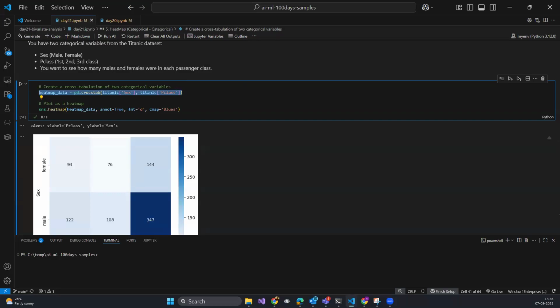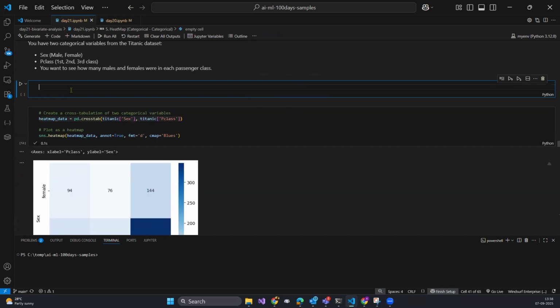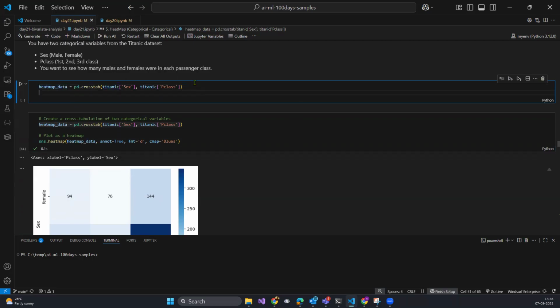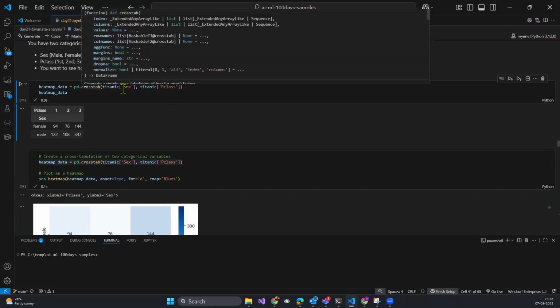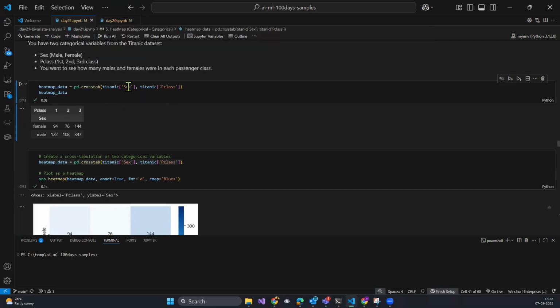So just to see how this data looks like, this is heat map data. Here we are creating sex and passenger class.